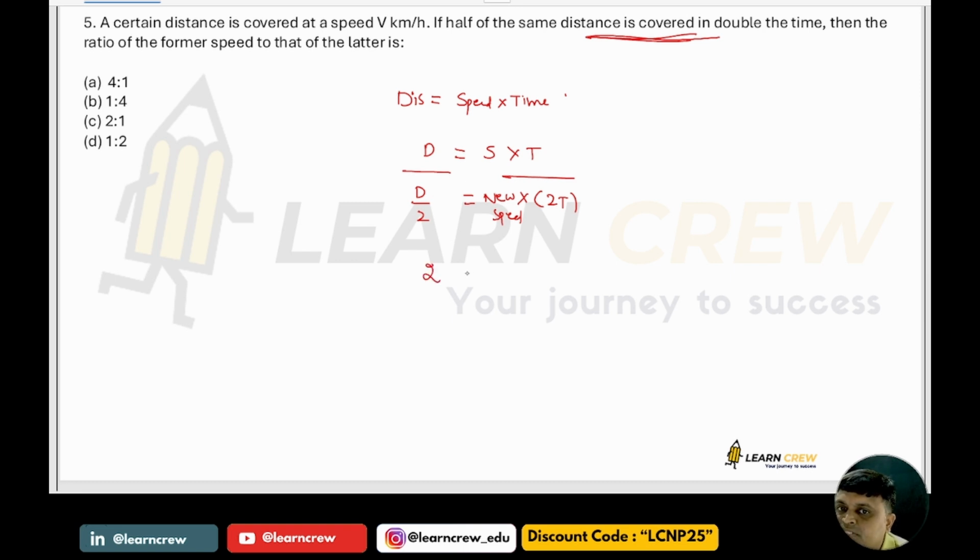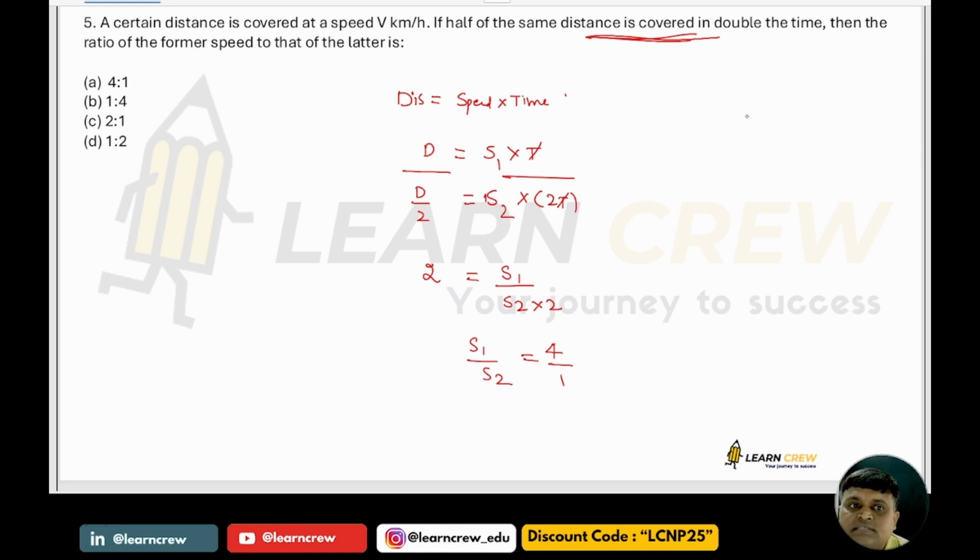So you will get 2 is equal to, please understand here, the initial speed S1 by, I am taking this one as S2. T cancels. Thereby you are going to get S1 by S2 as 4:1.